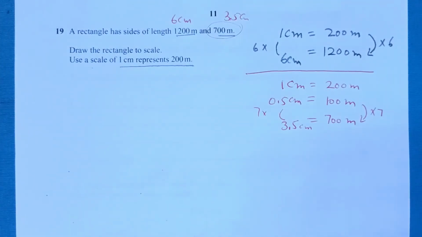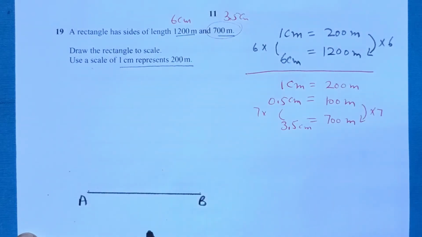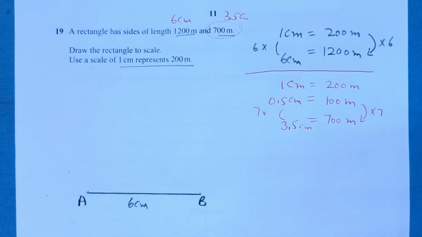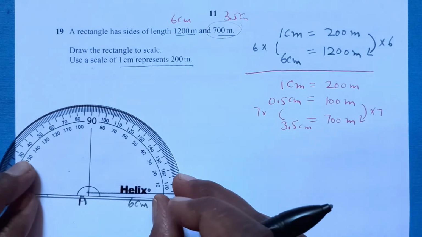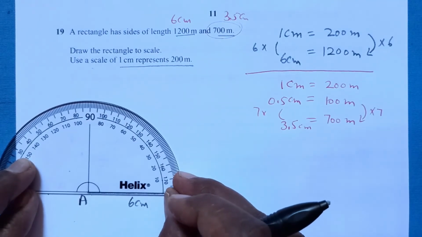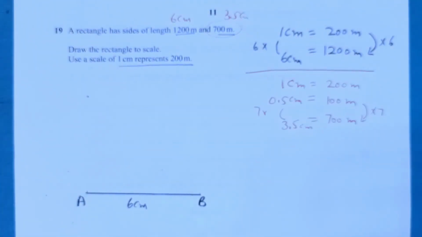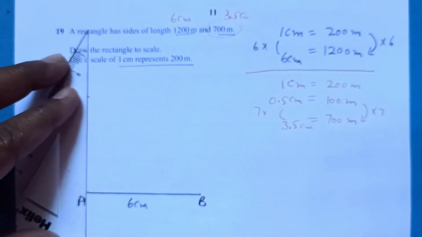Now we can draw the rectangle. I have drawn here a length AB of 6 centimeters. As we are drawing a rectangle, we need to draw an angle of 90 at point A and at point B. So an angle of 90 here, so we can join it.